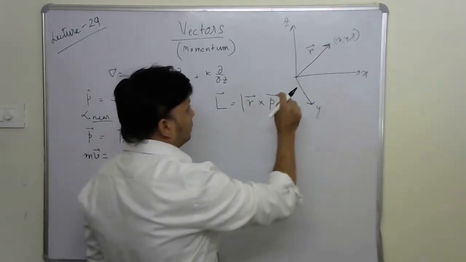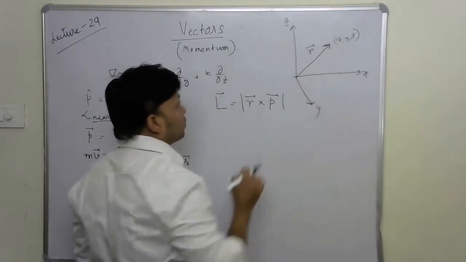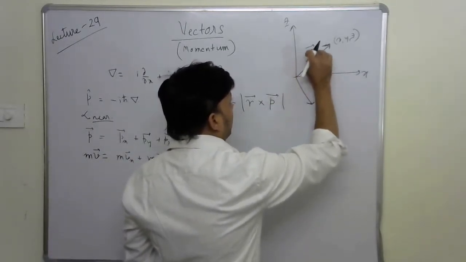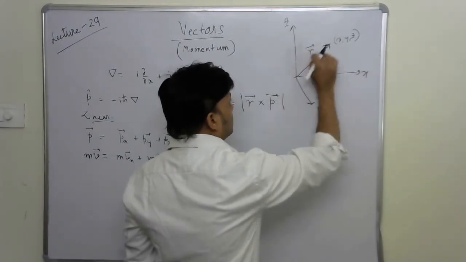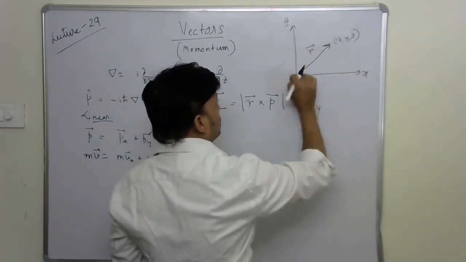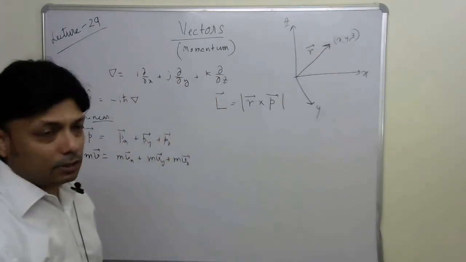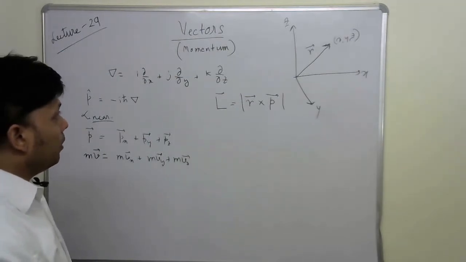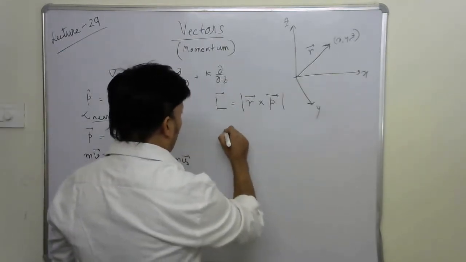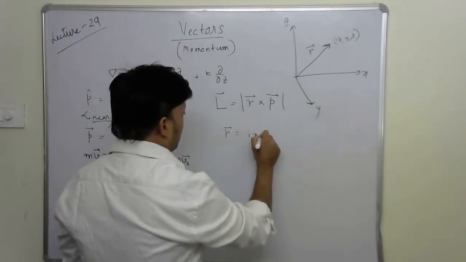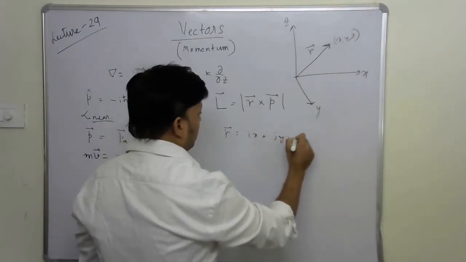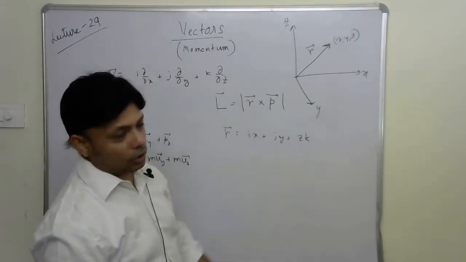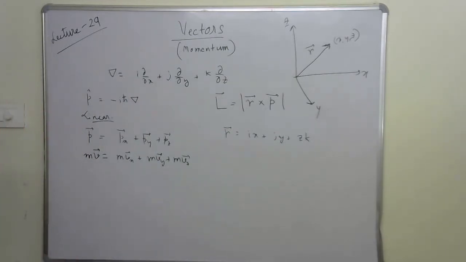So the particle was at a coordinate x, y and z, and it is represented by the vector r, and this vector r, the magnitude is from the origin, with respect to origin, this x, y, z is defined. Okay, so therefore we can represent the vector r as ix plus jy plus zk. So needless to say that i, j and k are the 3 unit vectors.